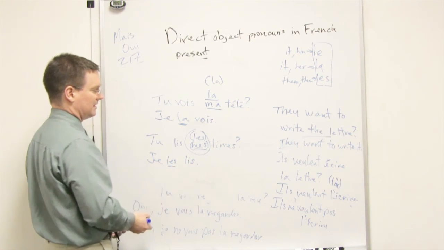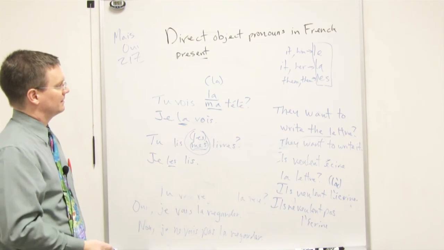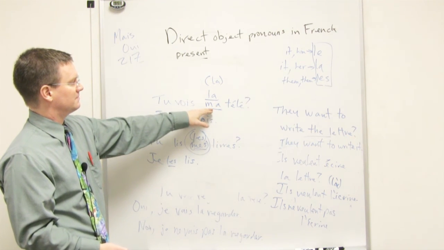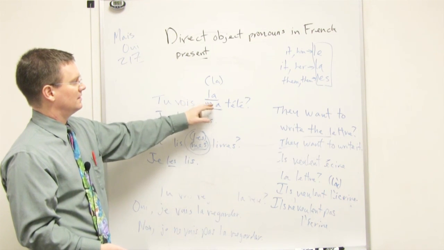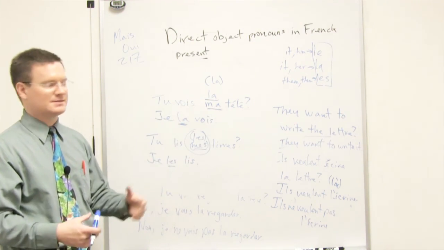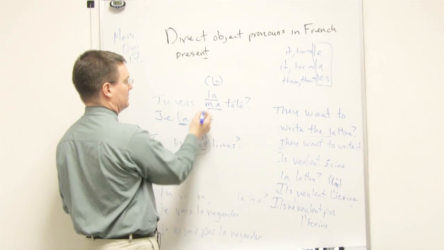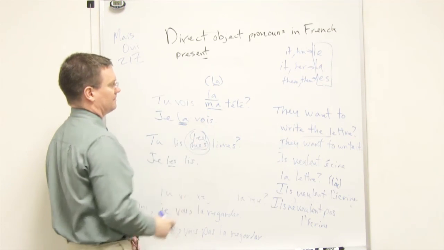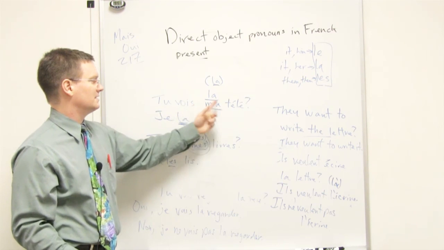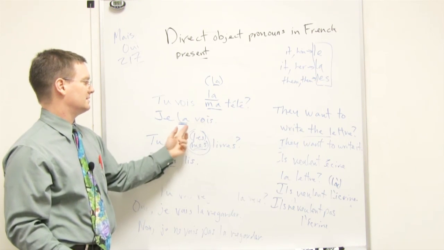You'll just replace it with a les, either one. So don't worry about if this is possessive or if it's a definite article. Either one counts as feminine singular, and it will be replaced by la here. Do you see my TV? I see it. Do you see the TV? I see it. Same thing.